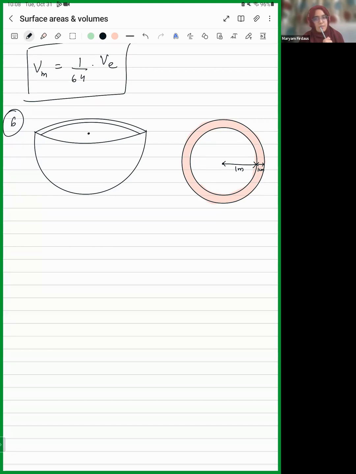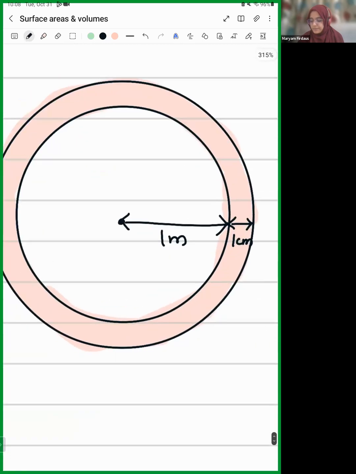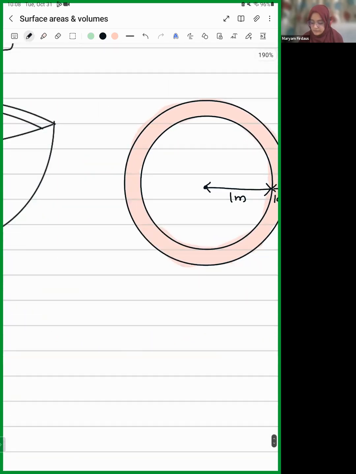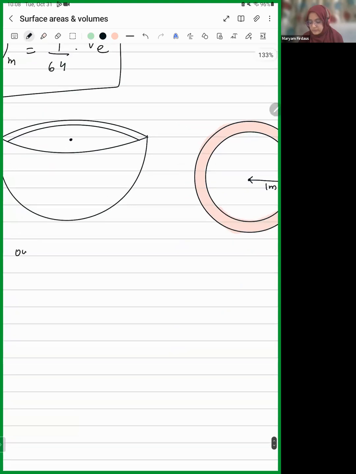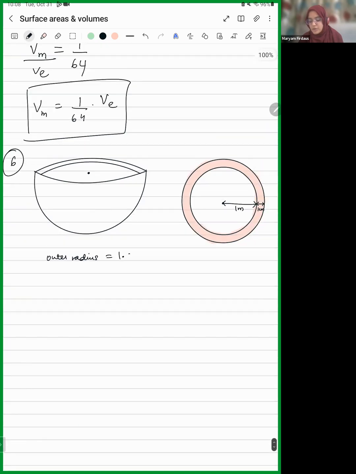The outer radius. Okay, what will the outer radius be? Look at this figure and tell me. Inner radius plus thickness. And that will be 1.01. Very good. 1.01 what? Meters. Very good. Okay.